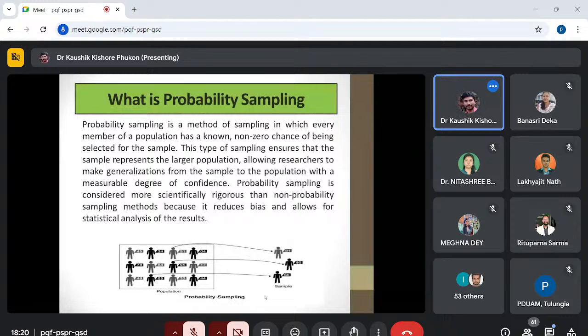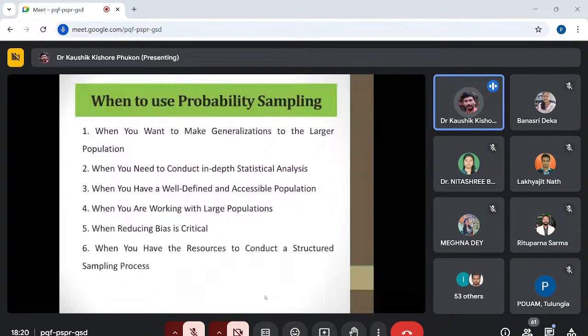So when to use probability sampling? When you want to make generalizations. First point, when you need to conduct in-depth statistical analysis. I'm using the word in-depth, because you can do statistical analysis with the help of non-probability sampling also.